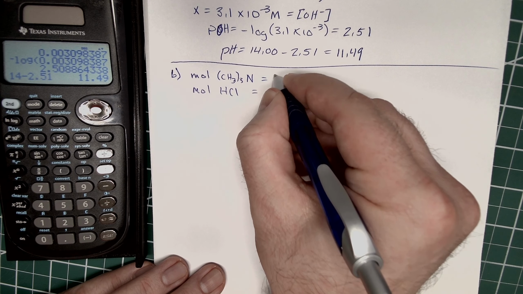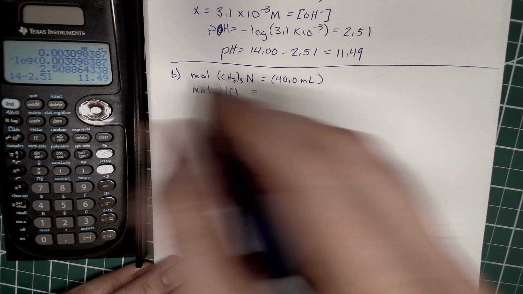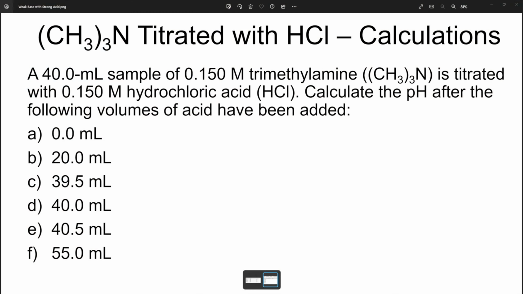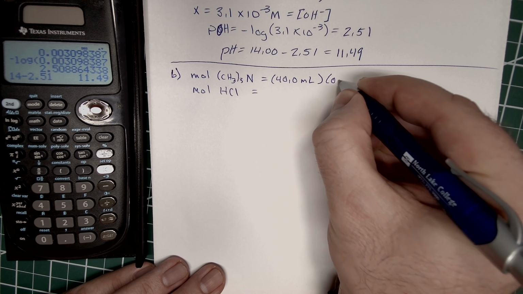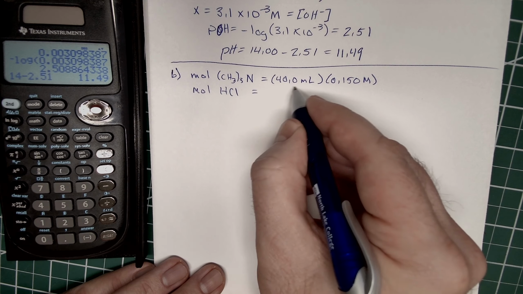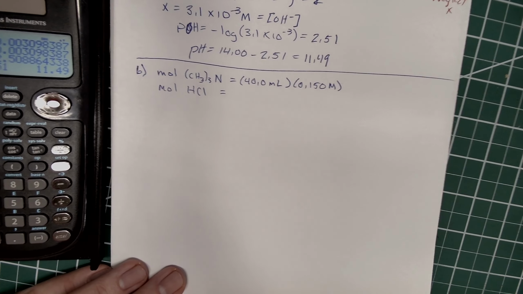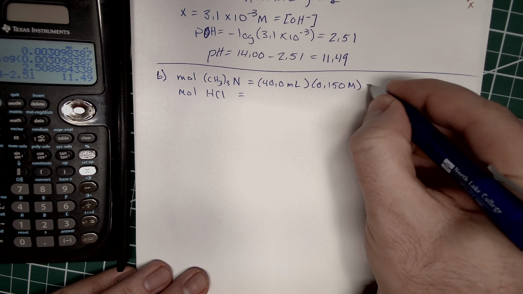So we've got 40 milliliters was our initial amount. And again, in case you're curious, where am I getting that from? We have a 40 milliliter sample of the 0.150 molar. So we'll come back over here, 40 milliliters, and then we'll multiply that by 0.150 molar. Because I didn't convert this into liters, the number that I'm going to get for this is going to be in millimoles.